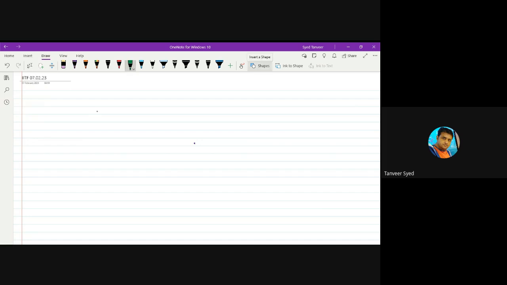Maximum height reached by the projectile. This is denoted by capital H.